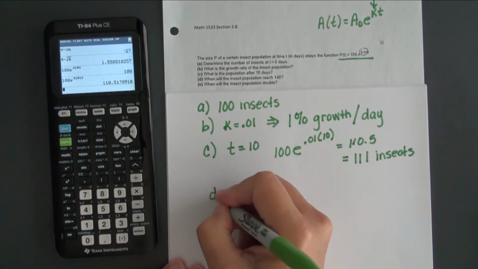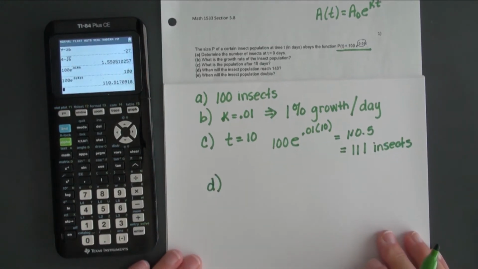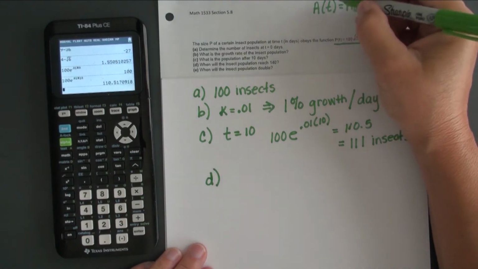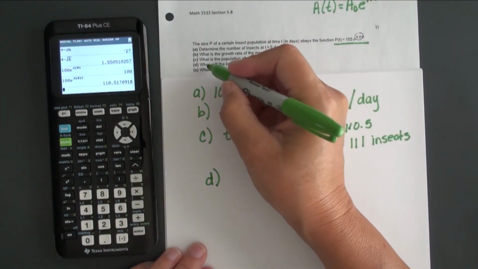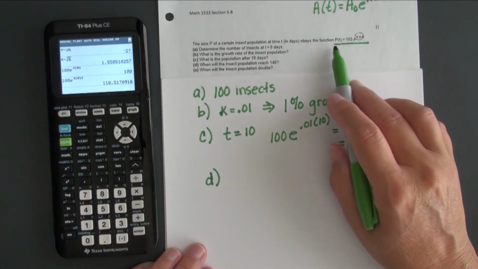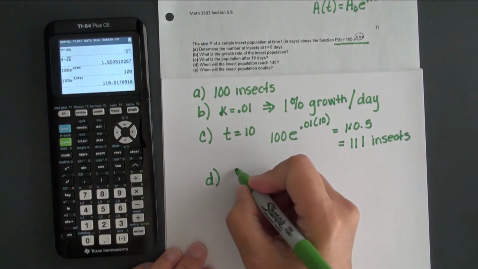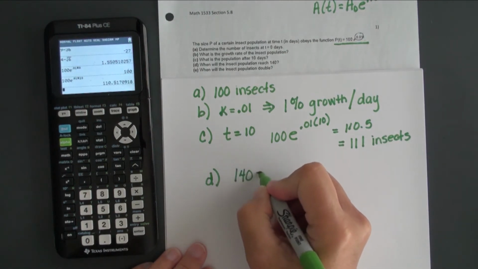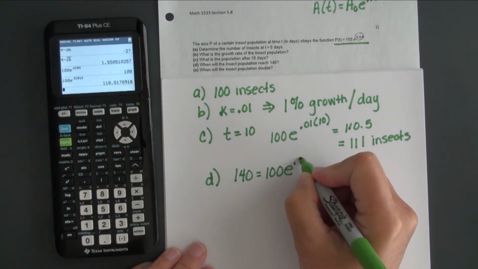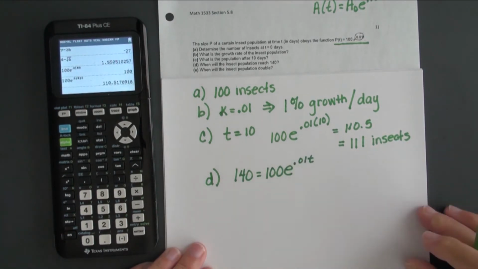Part D. When will the insect population reach 140? Well, that's the amount at time t, and this says when, so we don't know our t. We're going to take our formula, and for population, we're going to put in 140. And solve that equation.